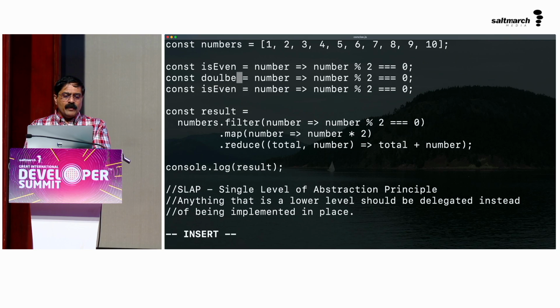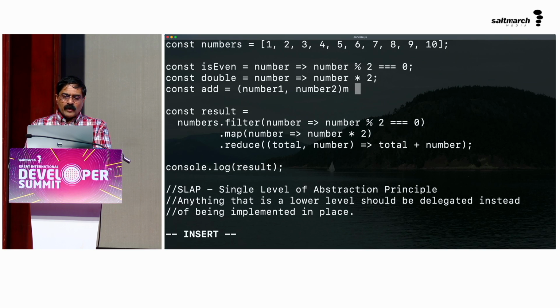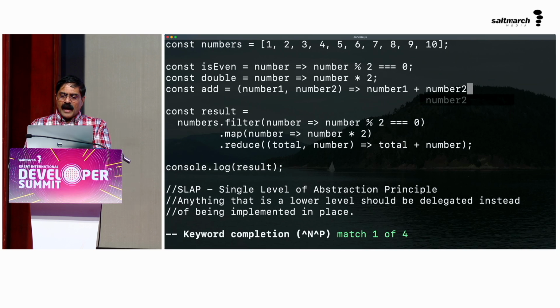Likewise, I have a double and an add function. The double function simply says times 2 and returns it. And here is the add function, which takes number1, number2, and simply returns number1 plus number2.